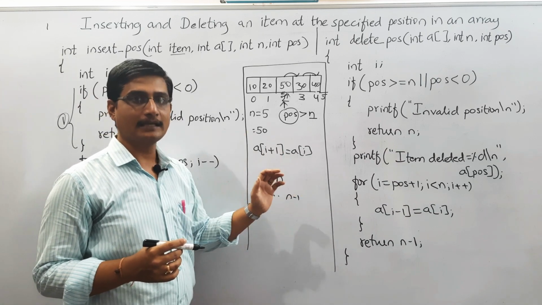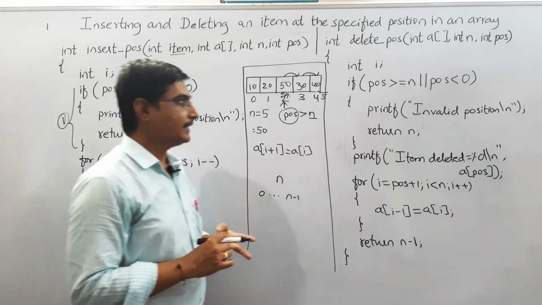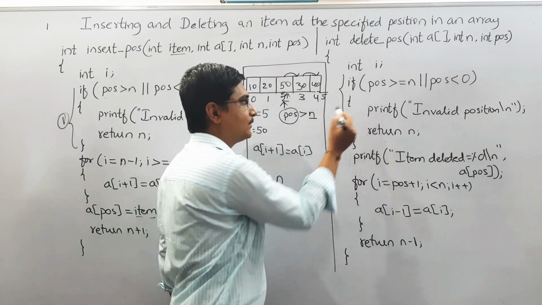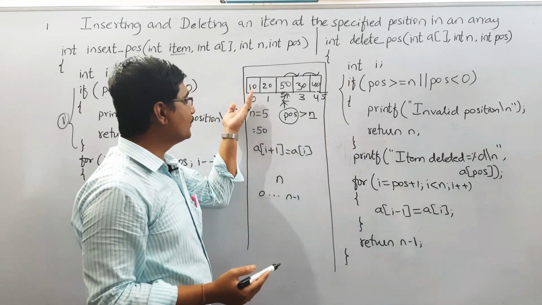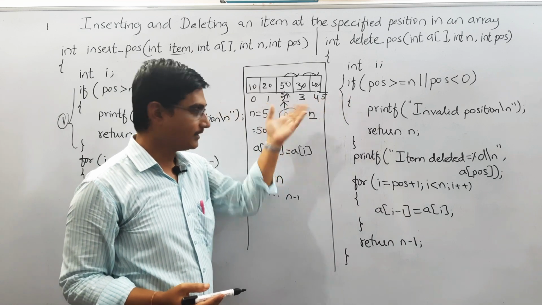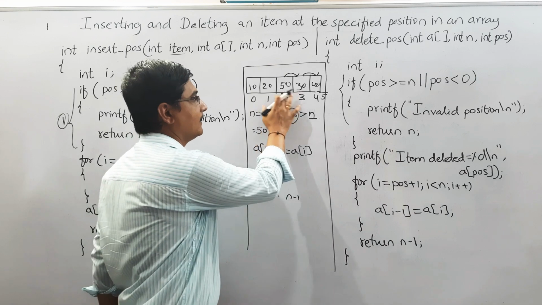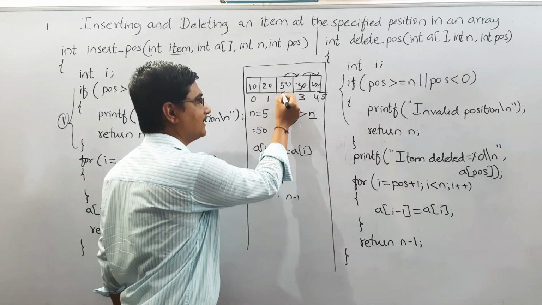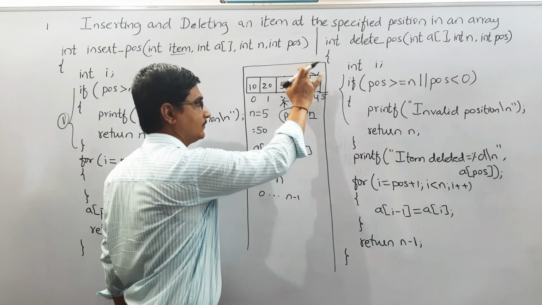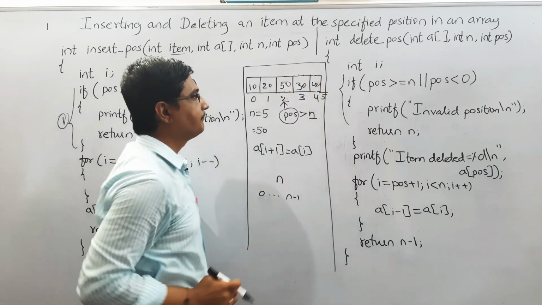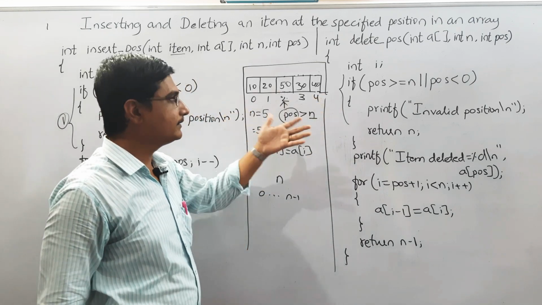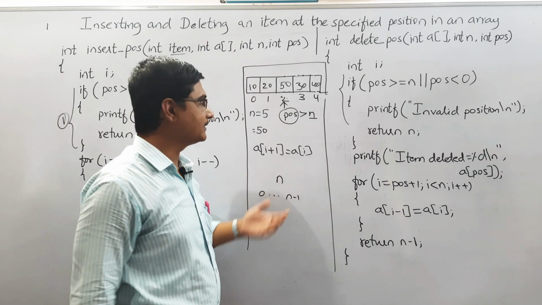Similarly, we can delete an element from the array. The initial condition is the same: we cannot delete an element which is before 0, or after this 4 in this particular example, right? Say we take the same example. I want to delete 50. If the position is 5 or less than 0, then we cannot delete any element.